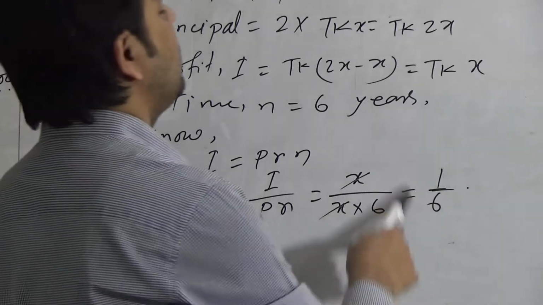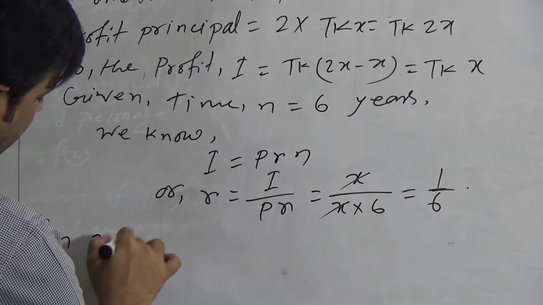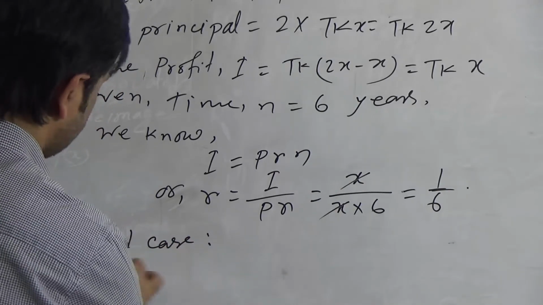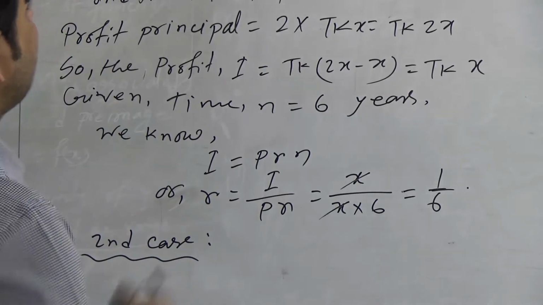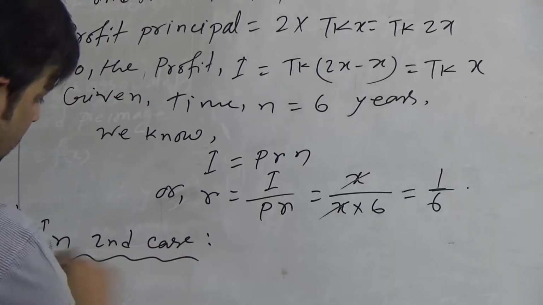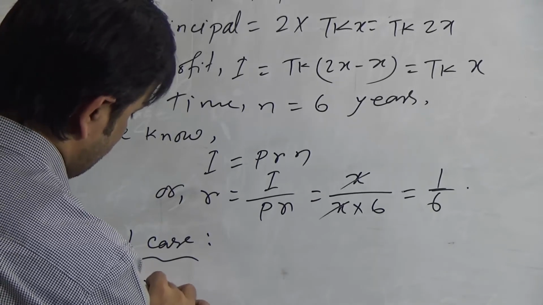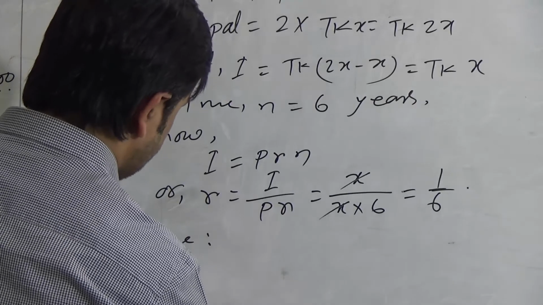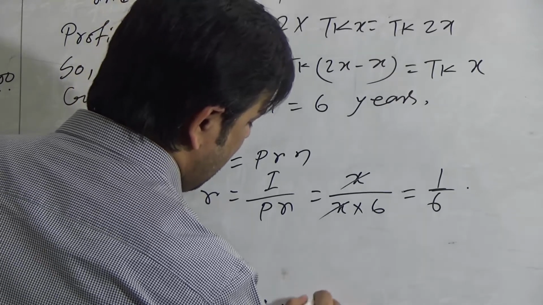Using this value of R, we can determine the principal in the first case. So in the second case, what is given here? Profit principal is given, time is given, 4 years. We need to determine principal. We know profit principal A equal to P into (1 plus Rn).